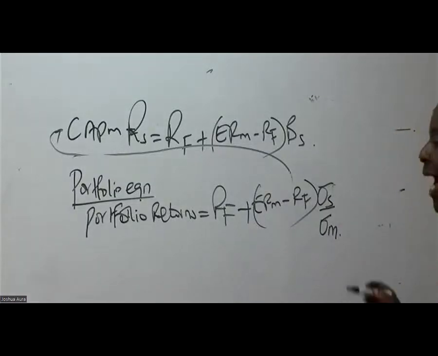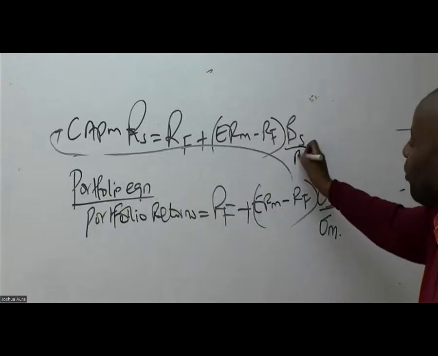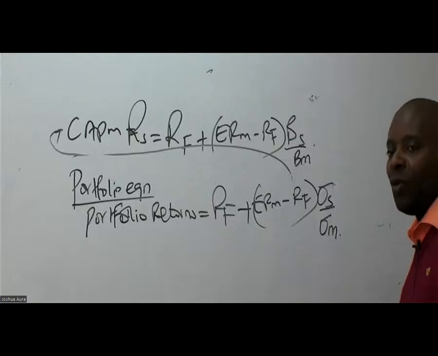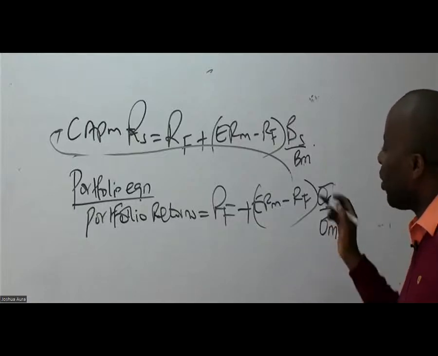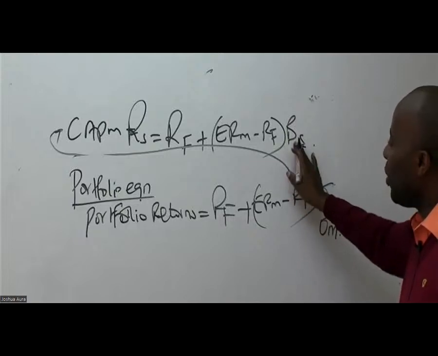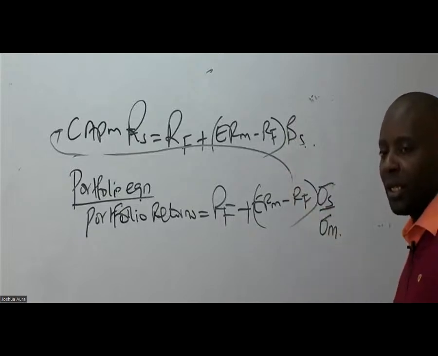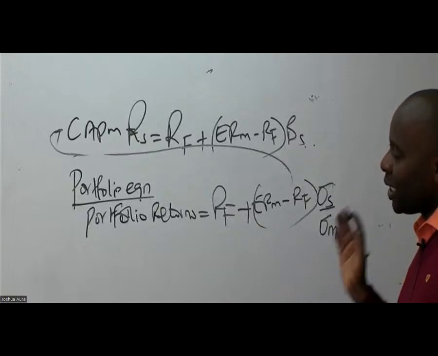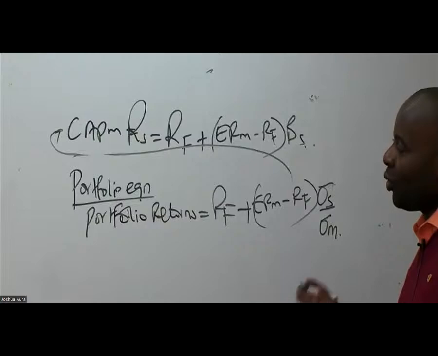By the way, there is the beta of the market, if you remember. But remember that the beta of the market is always 1. That is why we disregard that beta. All right? So the portfolio returns are known as the portfolio equation.